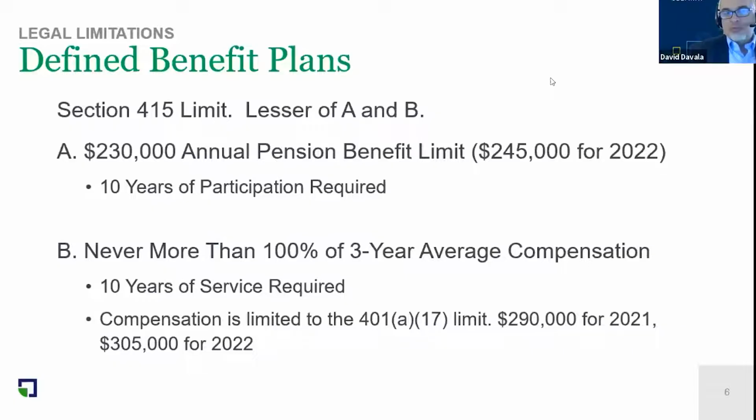But once the participant reaches age 67, 68, since the dollar limit is increased for late retirement, the actual increase on that can accelerate pretty quickly. Then that dollar limit grows quickly, and the average compensation limit applies.